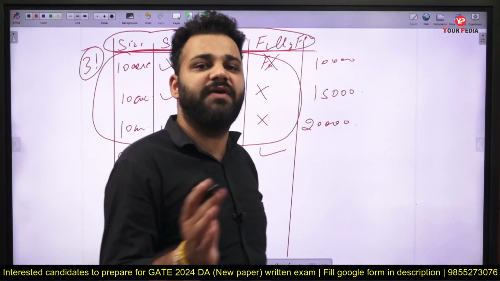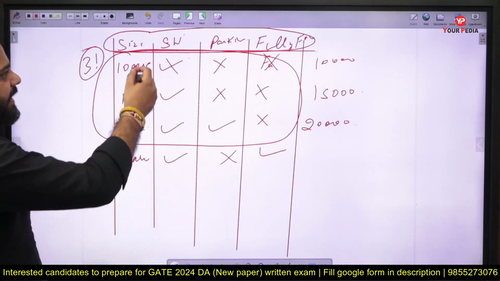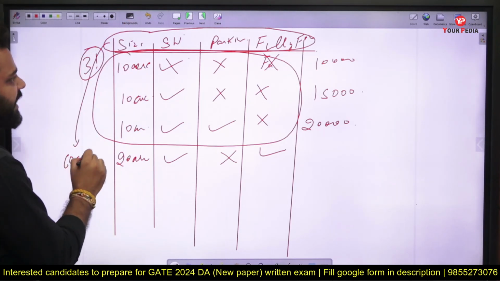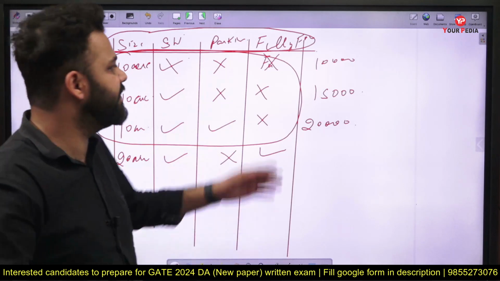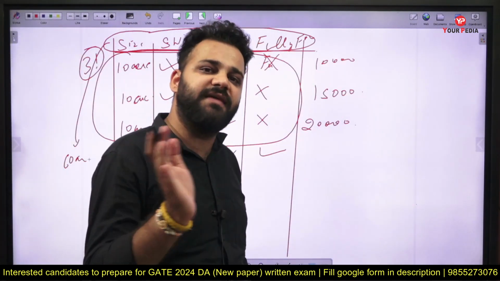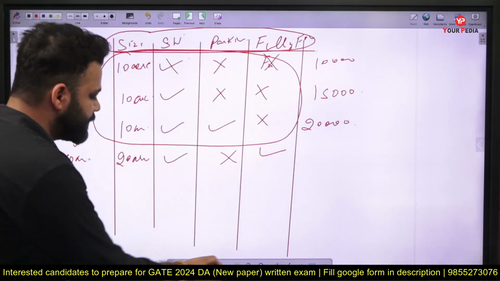The machine will create that pattern, and after that you will use it to fill in the values. Let's say the size is 60 acres, there is no swimming pool, there is parking, and it is not fully furnished, then the machine will give you the output, the predicted price of the house.